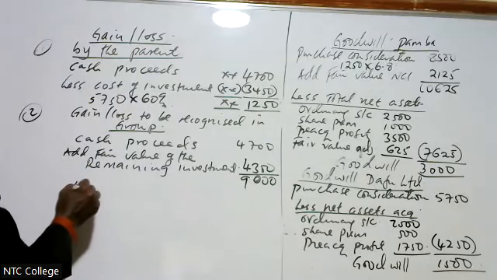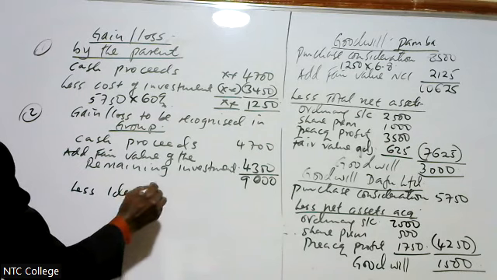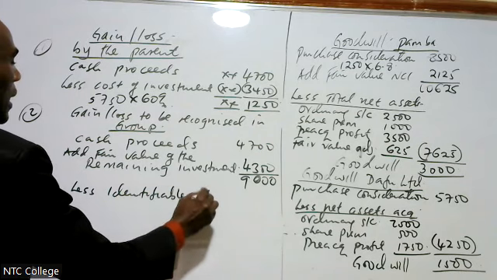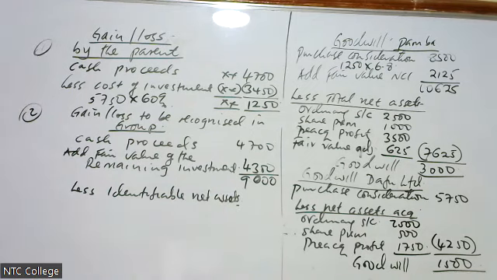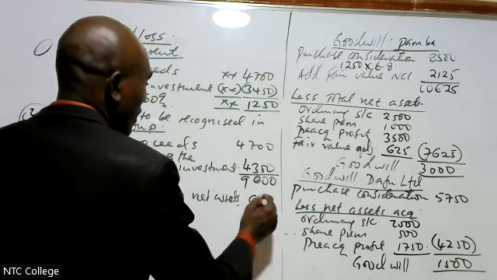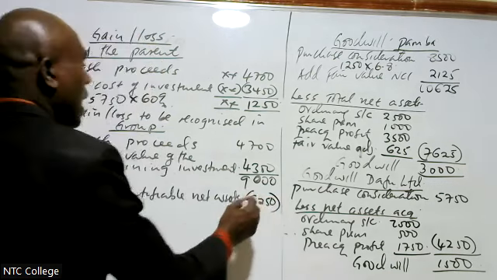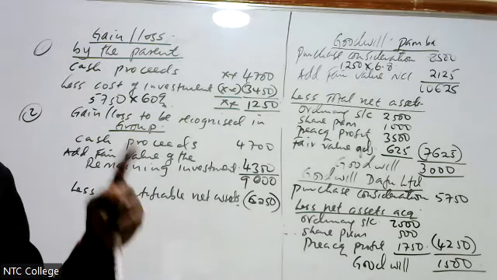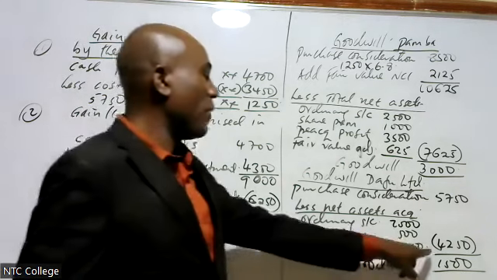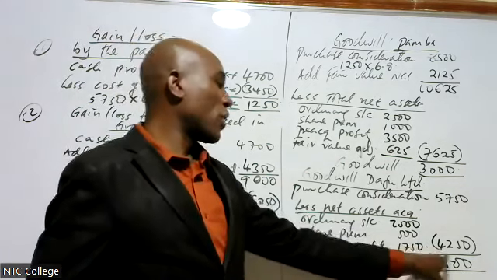Then we come to less identifiable net assets. Now, in same note number 4, the examiner told us that at the date of disposal, the identifiable net assets were 6250. Remember, on acquisition, the net assets were 4250.